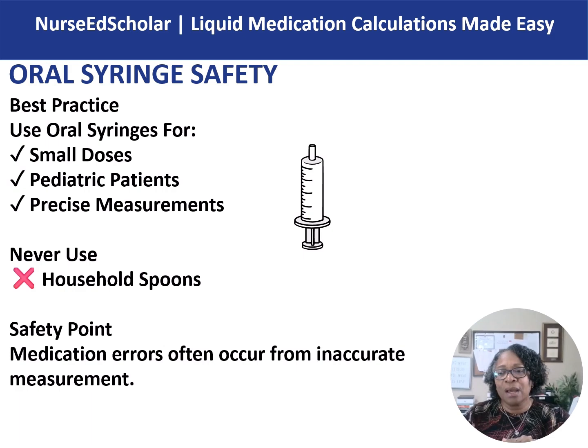And it's actually safer than a medication cup because of trying to read the lines on a medication cup. Research says that using a syringe helps reduce medication errors or dosing errors, especially when small amounts are involved. So we talk about milliliters, but we're not using a teaspoon, we're not using a tablespoon.